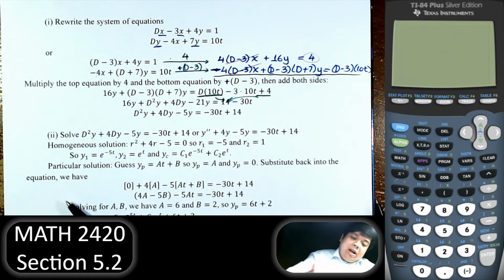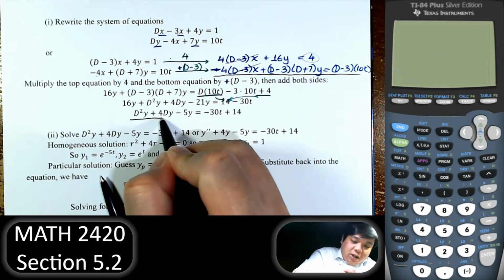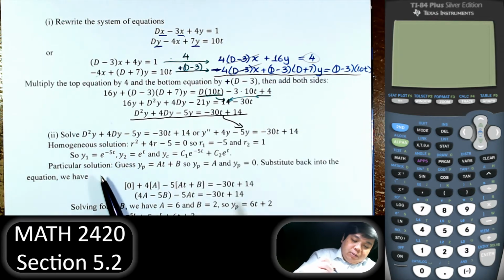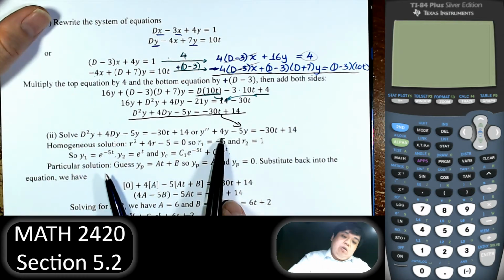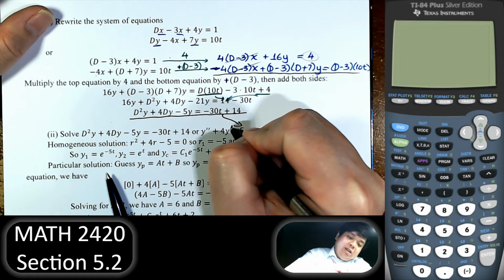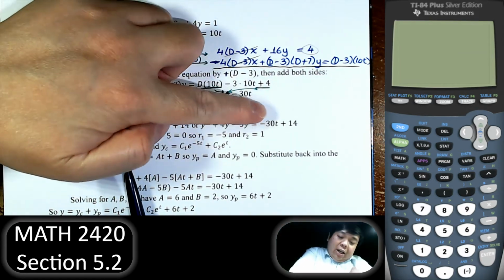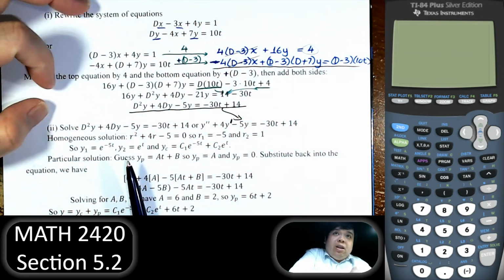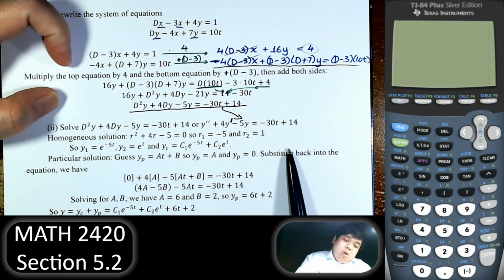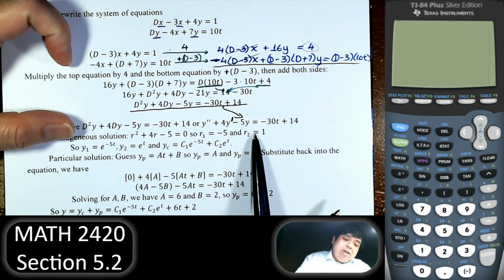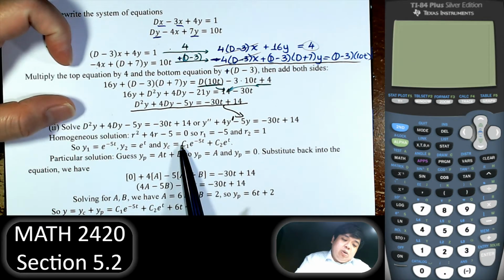Of course, when we write it like this, this system of equations is: second derivative plus 4y prime, I forgot, sorry, that's a typo here, minus 5y equal to negative 30t plus 14. For the homogeneous equation, we have that, and we have the complementary solution.